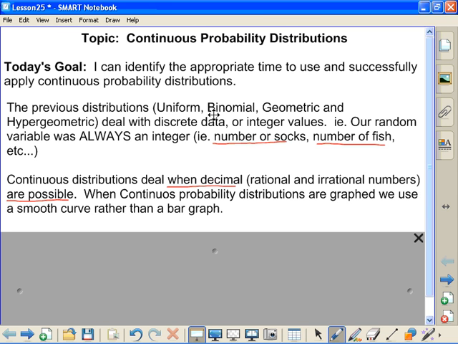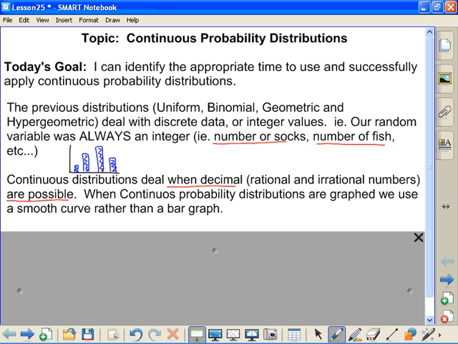Continuous probability distributions are graphed with a smooth curve rather than a bar graph. Up to this point, you were using a bar graph, using computer software or doing it manually, whichever method you were using, and this is how you were doing your distributions.